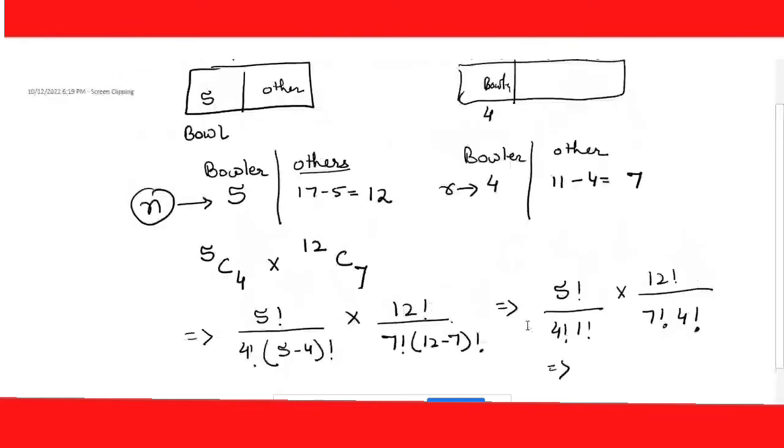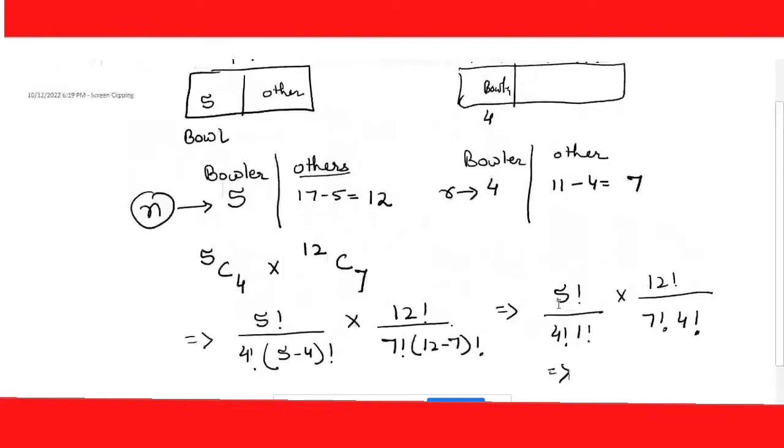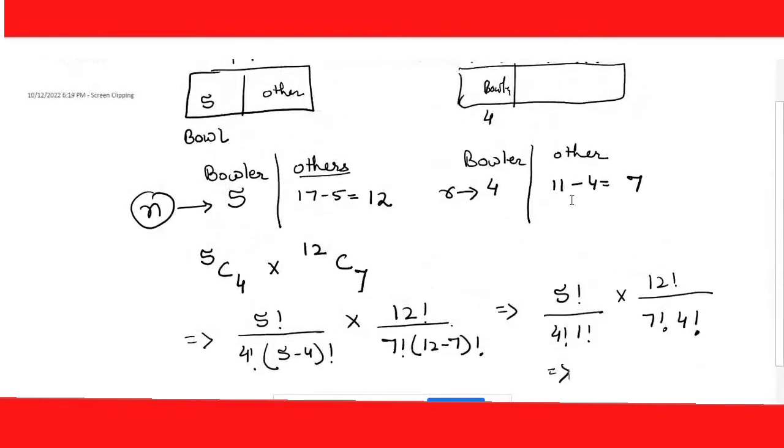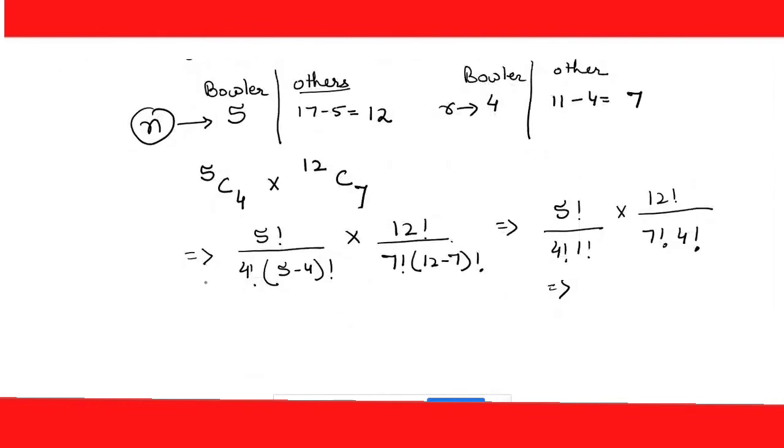Ma'am, I've solved it, but I'm getting a different answer. Listen. I keep 5 into 4 factorial.